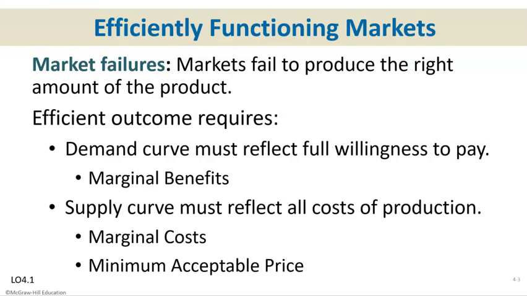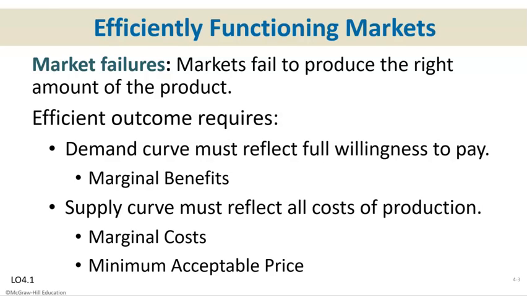The first thing that you want to know is about the demand curve. The demand curve actually shows us the willingness to pay of our buyers, and that is specifically equal to their marginal benefit. So the marginal benefit that you receive from a product, that's the highest price that you're willing to pay for that product, and that is what the demand curve will show us.